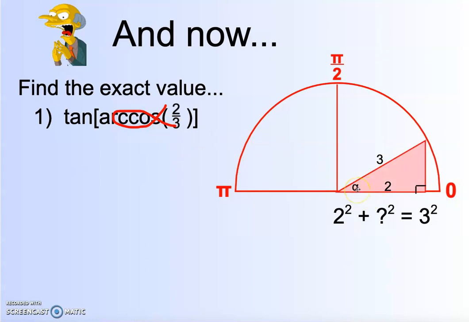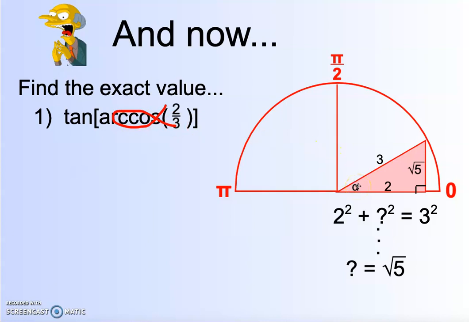So the cosine of alpha, and again, this is the angle alpha, is the ratio of the adjacent to the hypotenuse. And the Pythagorean theorem, a squared plus b squared equals c squared, will render this missing side, which I'm going to claim is the square root of 5. So I don't know what alpha is.